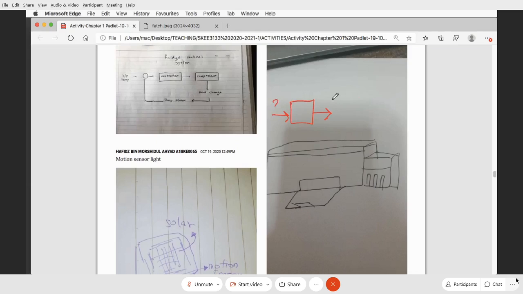But if your printer does not measure the quality of the paper and so on, this one becomes open loop. If the printer can give you the best quality, whatever you want, based on your set point, that is the closed loop.